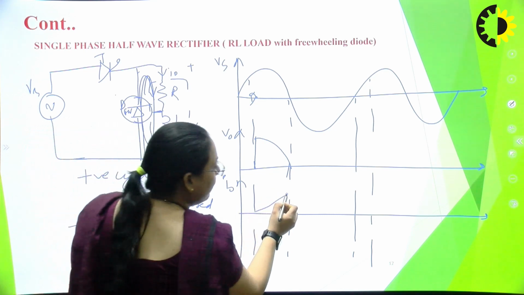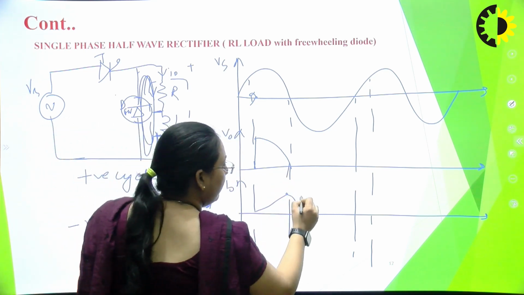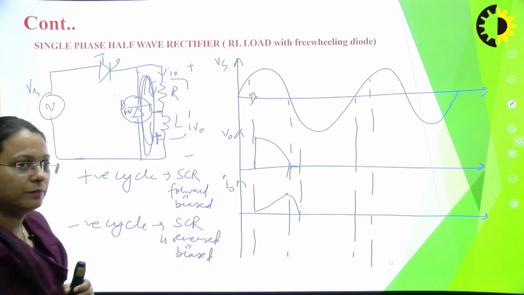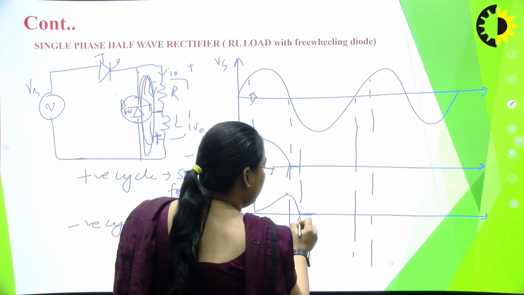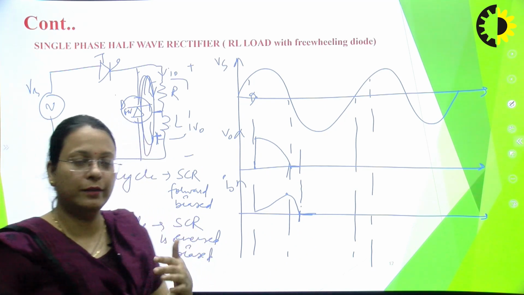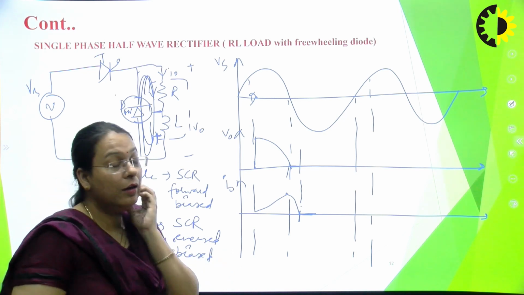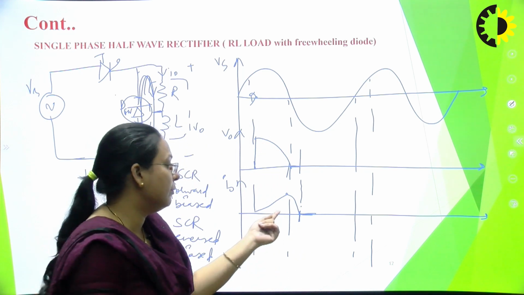So the current will freewheel until, let's say, some point beta, and at this point also we are getting output voltage equal to 0. As the energy is released fully, the inductor is discharged. The energy stored in the inductor is fully released at omega t equals, let's say, beta.